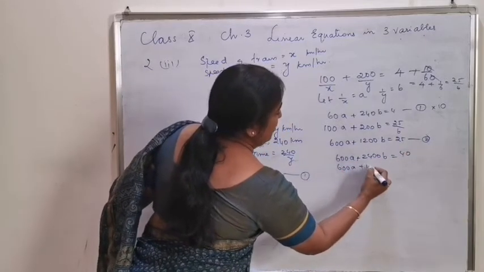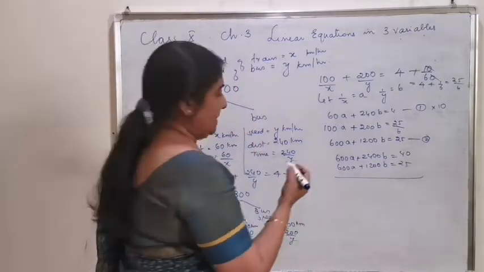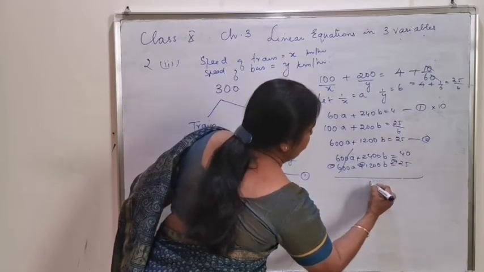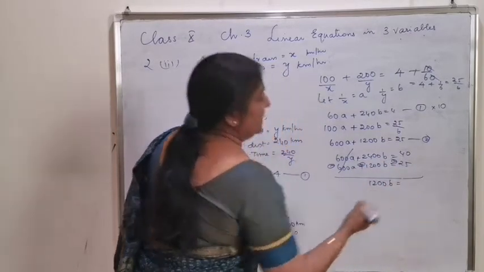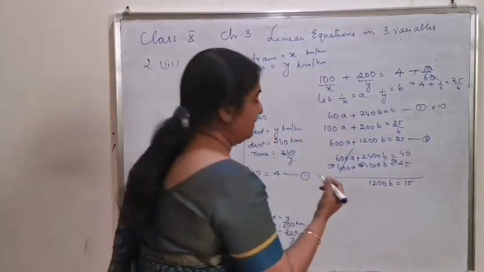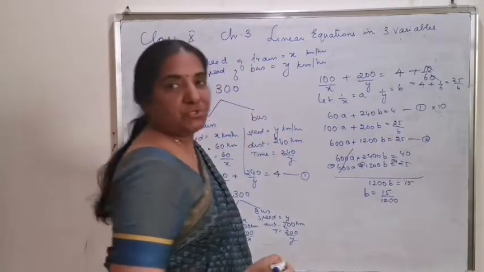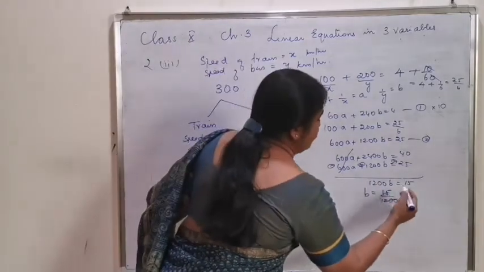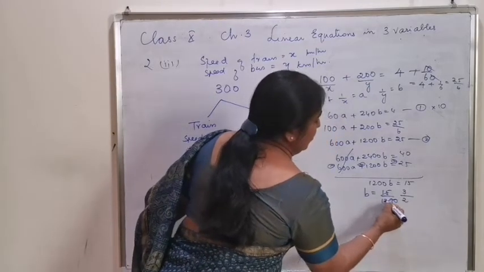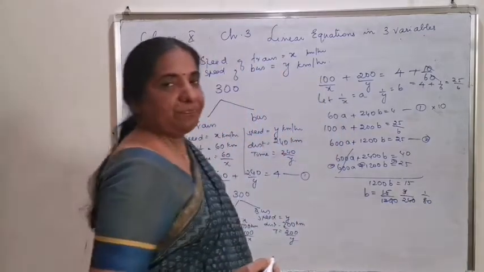Subtracting, 2400b minus 1200b is 1200b is equal to 40 minus 25 is 15, or b is equal to 15 by 1200. It is divisible by 5, or it is 1 by 80.